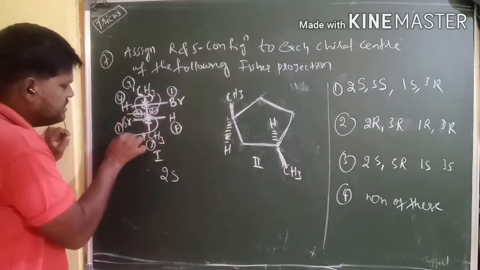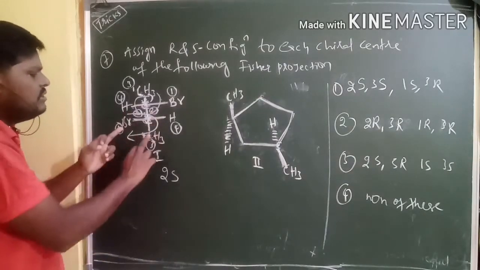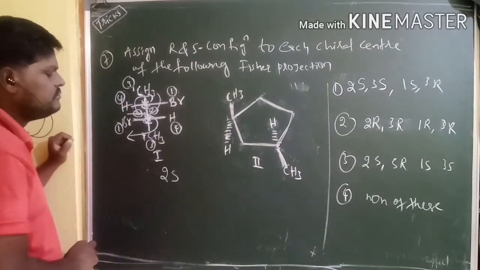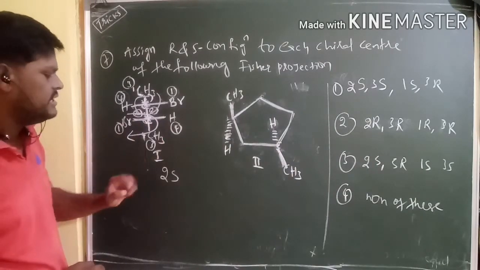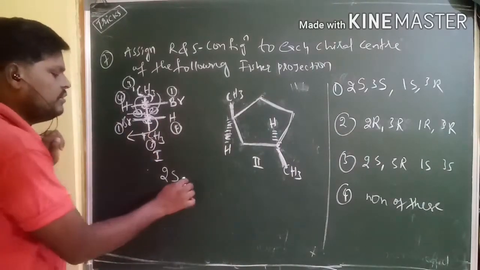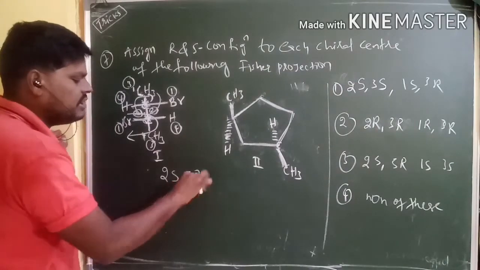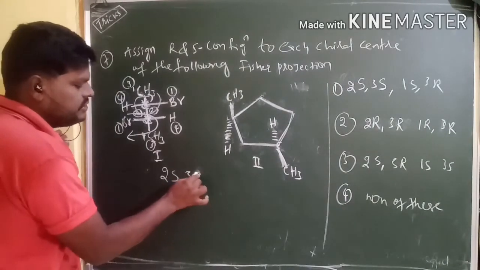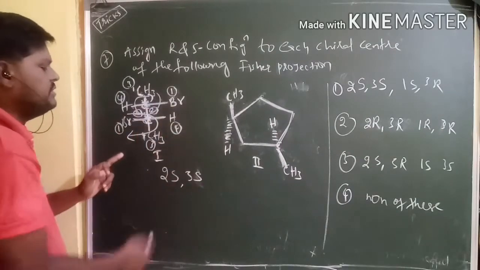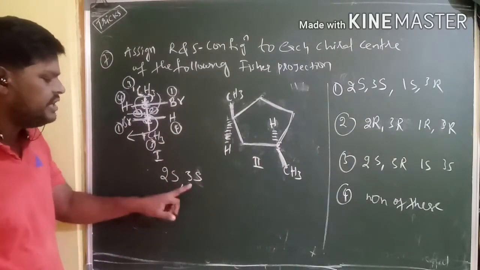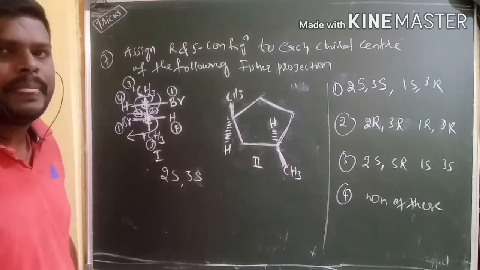So this is the direction for this one. It is also clockwise direction, but here the least priority is on the horizontal line. That's why take the opposite configuration. What is the opposite configuration here? 3R, sorry, 3S configuration. Actually R configuration, but the opposite one is S configuration. Here the chiral center number is 3. That's why 2S and 3S.